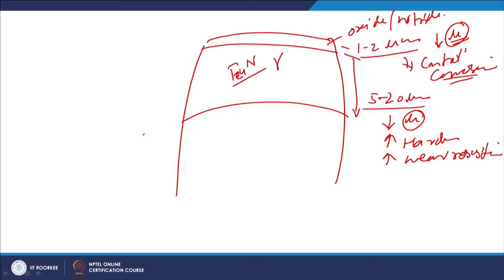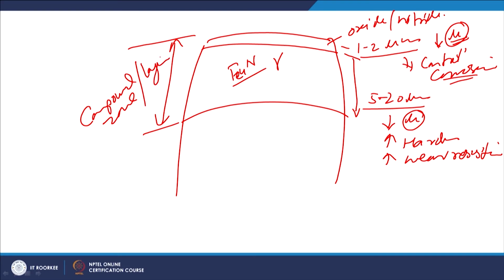Both these two layers are called the compound zone or diffusion compound layer, where the compounds are formed, and in the further lower zones we have lower concentration of nitrogen, and this is the diffusion layer.